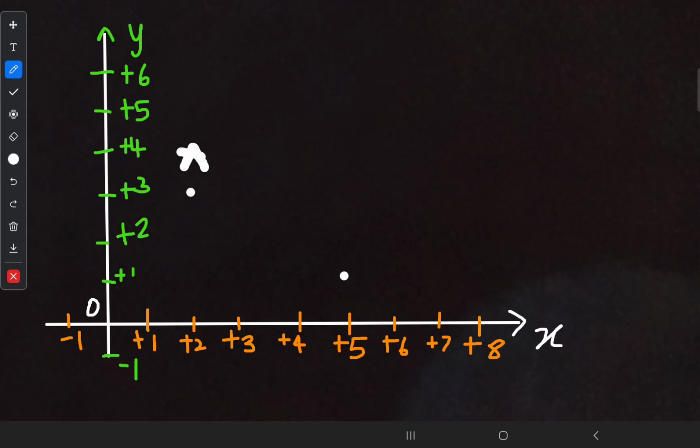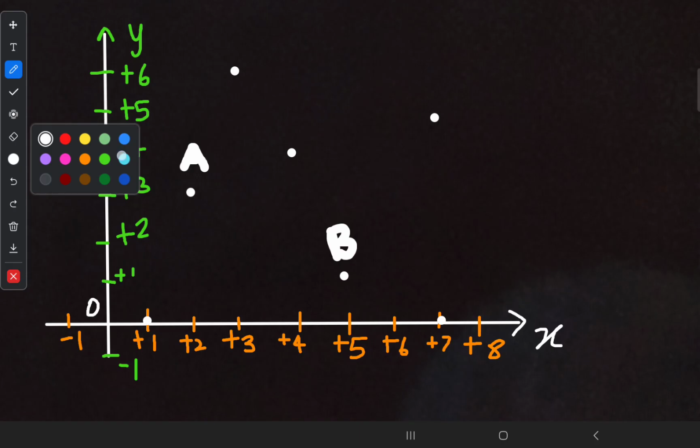This is A, and this is B, and our C point is this one, and D point is somewhere here, and E is here. F point is here. I'll mark the points, then afterwards I'll name them.